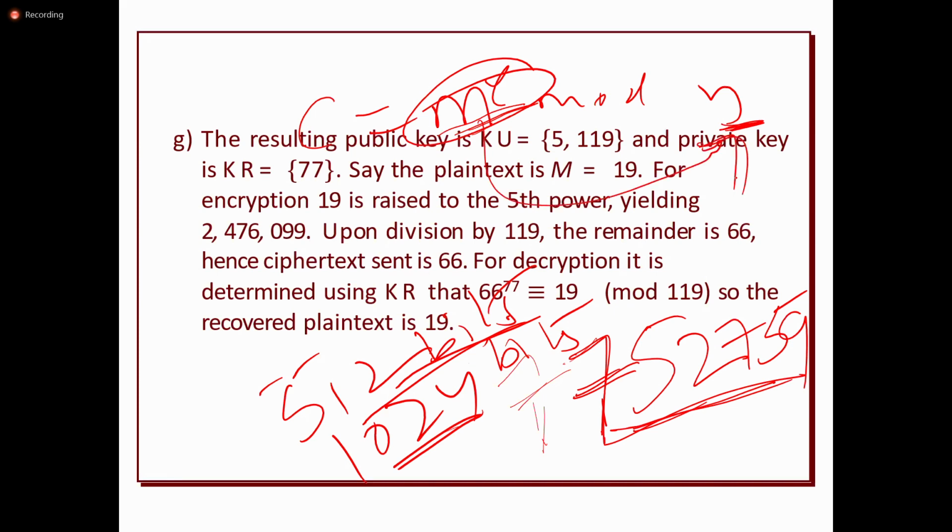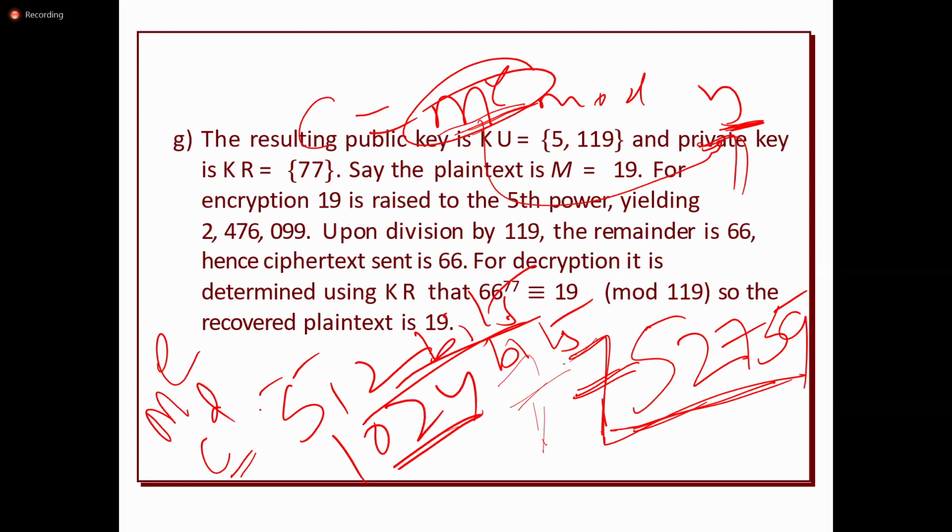But if the plain text is a large number and the e value is also a large number, computing m power e, or c power d, is also not a trivial task. It is also one of the issues in the RSA algorithm.